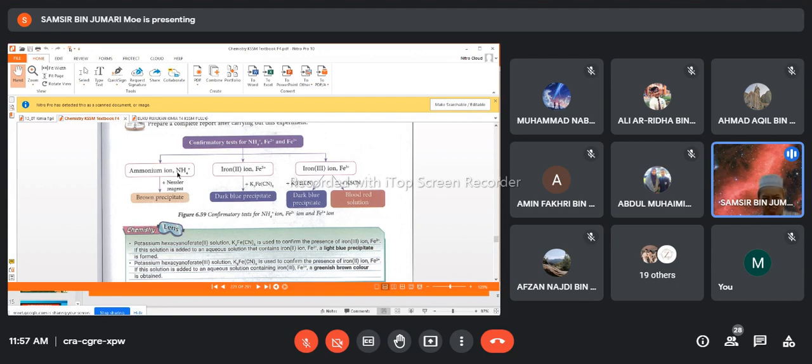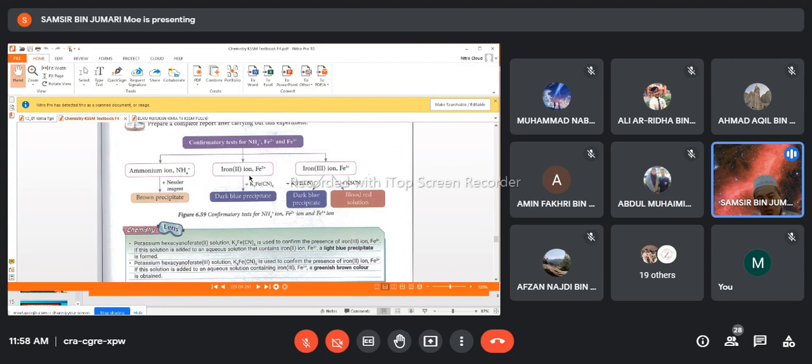Okay, ini lagi senang lah. Just take 1 cubic centimeter of the salt solution sample into the test tube and then put maybe 1 cubic centimeter of the Nessler reagent. We shake very well and then the brown precipitate will be formed in the test tube. That means that ammonium ion is present in the salt solution.